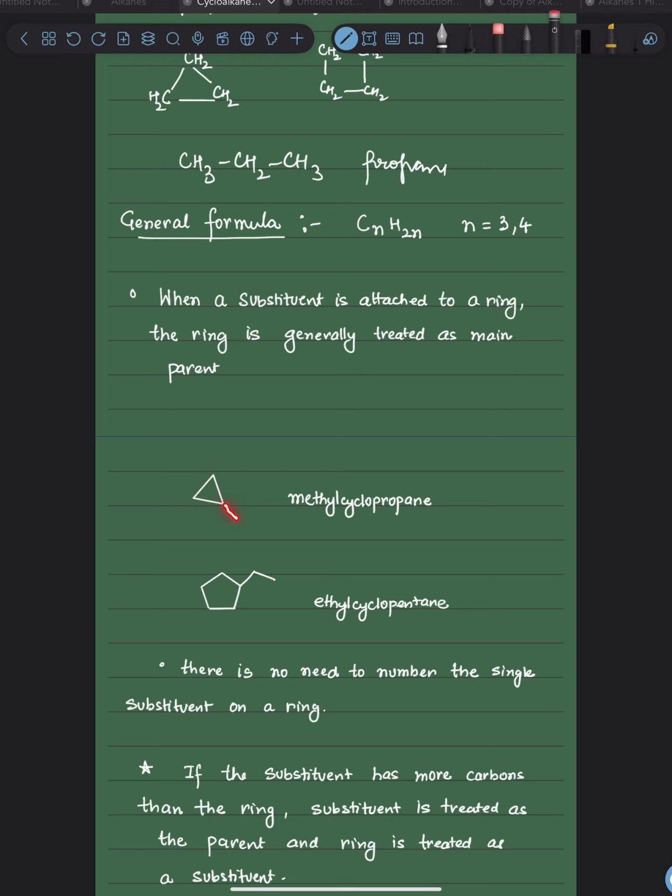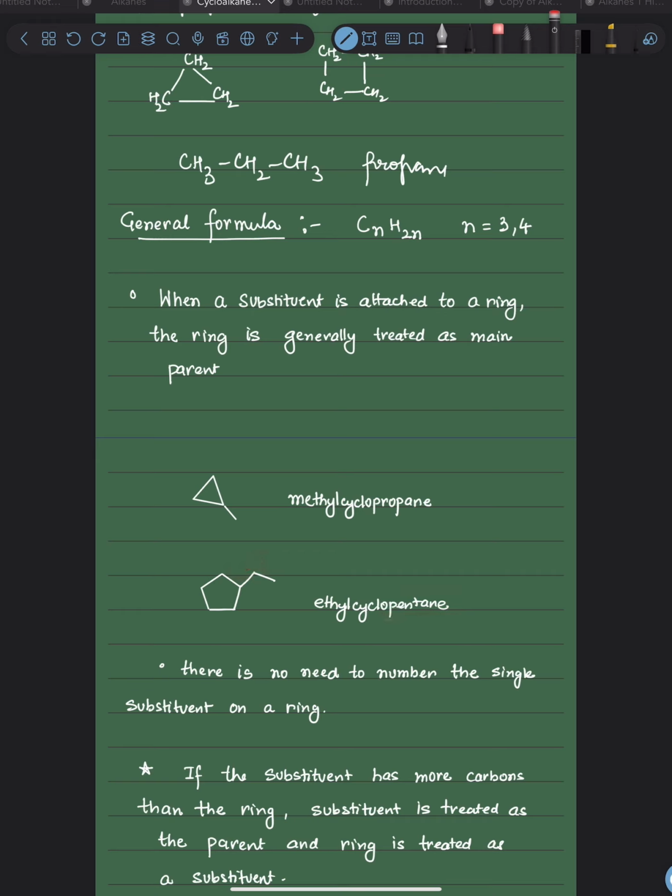And what is the substituent? The substituent has 2 carbons in it, so it would be ethylcyclopentane, right? And you need not say 1-ethylcyclopentane, because it is understood: when you have one substituent, you need not number it. Just methylcyclopropane, ethylcyclopentane, or whatsoever that is, right?